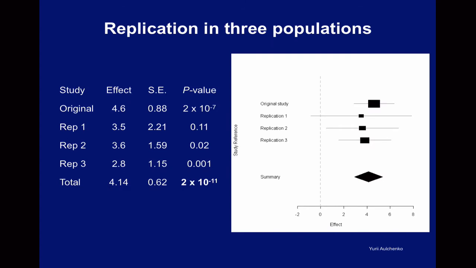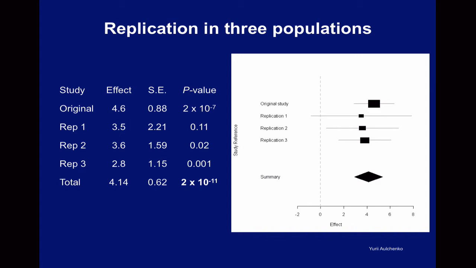Here I provide an imaginary, simulated example of replication. In the original study, for a certain SNP, we observed a beta value, the effect, of 4.6, which could be, let's say, 4.6 millimeters of height, and a standard error of 0.88, which would give us a p-value of 2 by 10 to the minus 7.